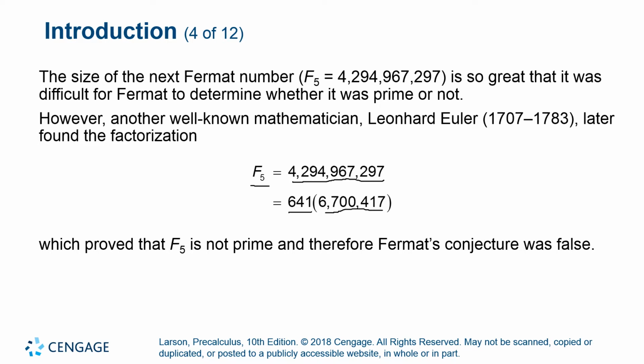This proves that this formula is not good for all n. It's only good for n equals 0, 1, 2, 3, and 4, maybe for some other n's as well. But at least we found one number n that this formula doesn't work for, and that number is 5.